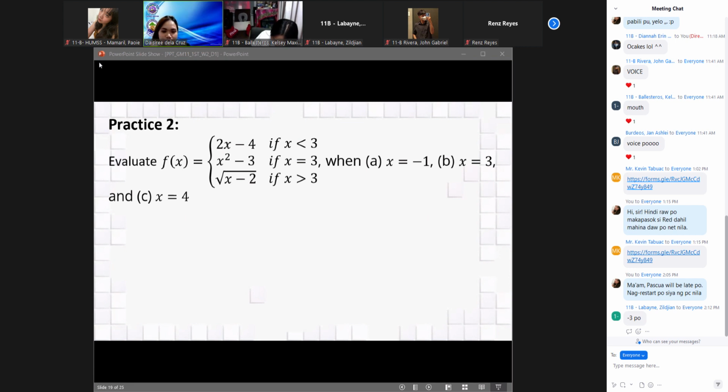Hindi mo na sinusolve, hindi mo na sinusulat. Ma'am, sinusulat ko naman po. Sige, dapat may solution. So habang nagsasagot yung iba mong classmate, anak, kaya mong mag-annotate? Kayo naman, magpakita ng solution. Kaya ba? Ayan, sige.